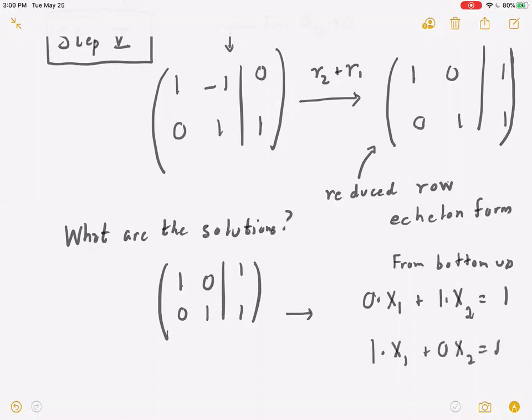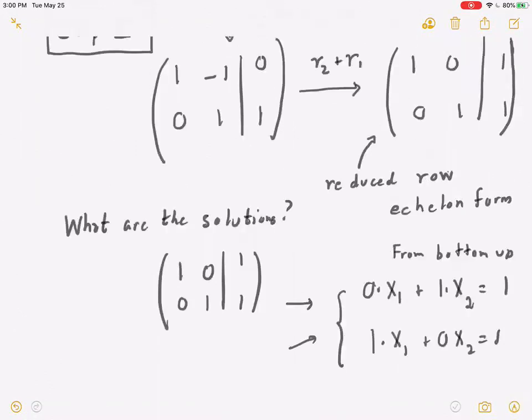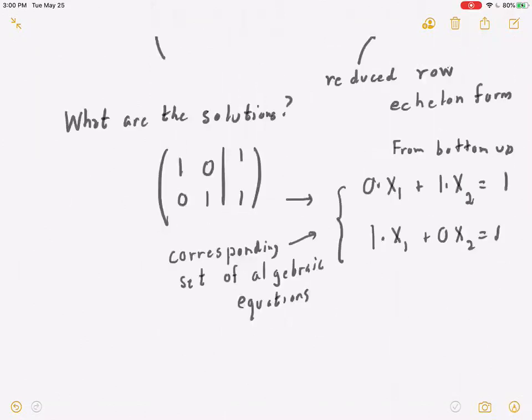So once I've written my original augmented matrix in reduced row echelon form, I get a corresponding set of algebraic equations. So what are they telling me? Well, the bottom equation simply tells me that x₂ is 1, and the top equation tells me that x₁ is 1.